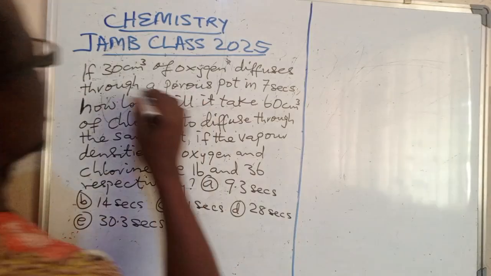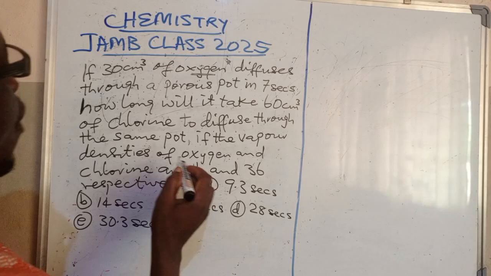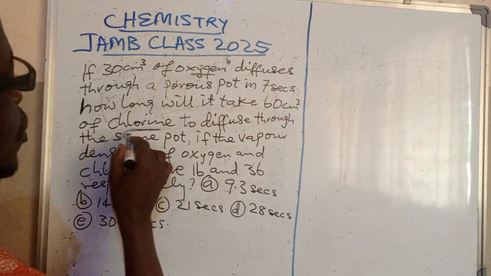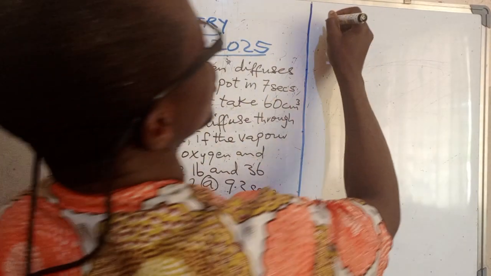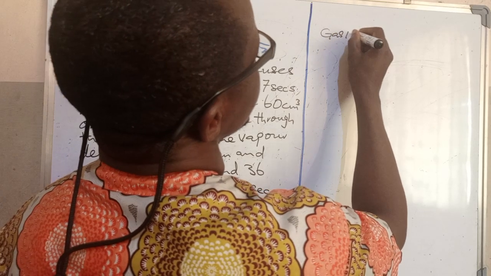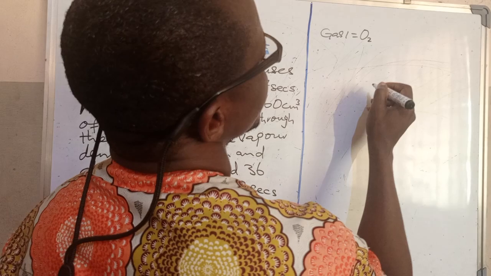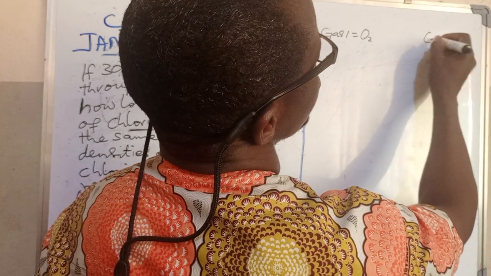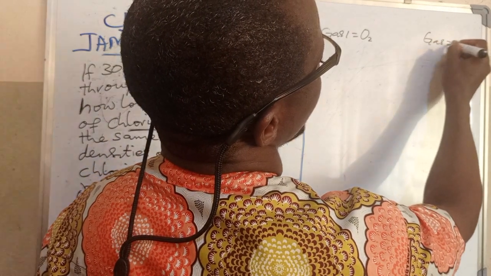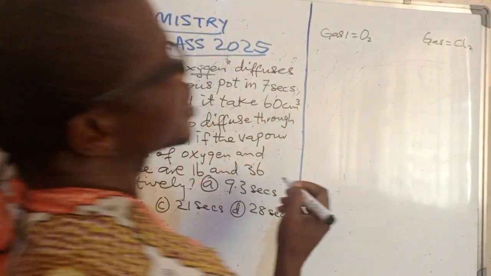Oxygen comes first before chlorine. So my gas one equals oxygen, which is diatomic. My gas two equals chlorine, which is also diatomic.